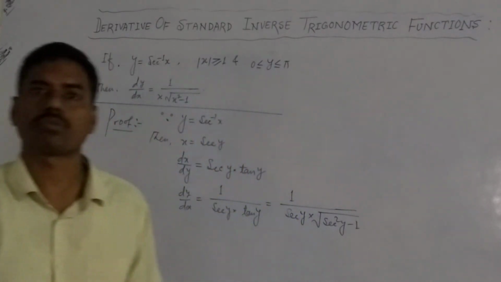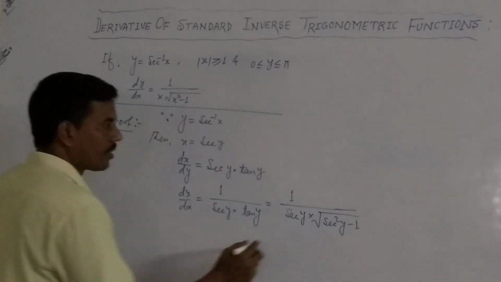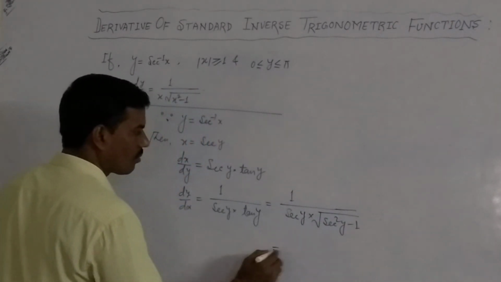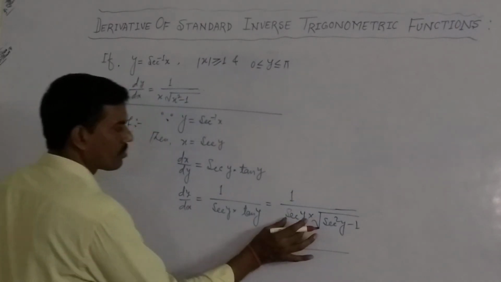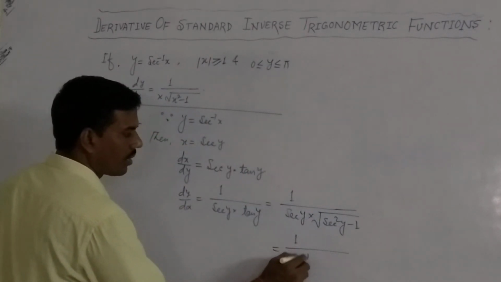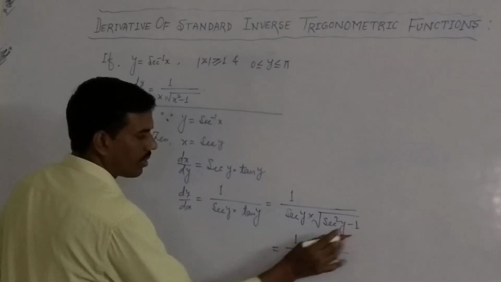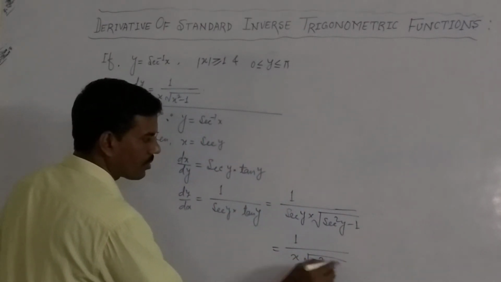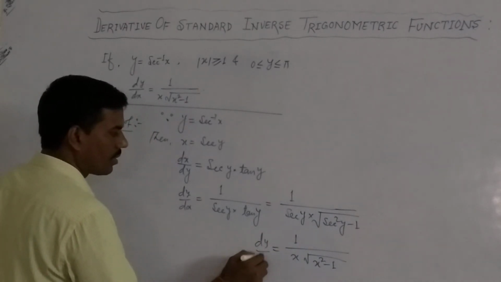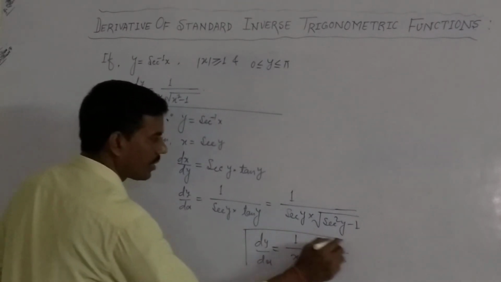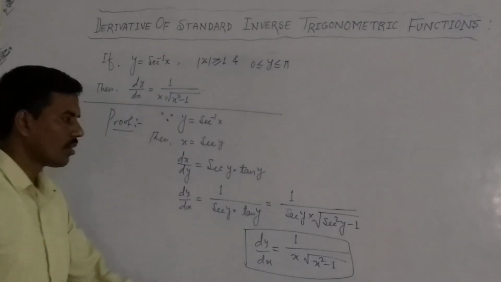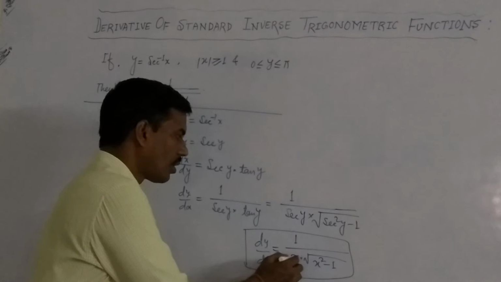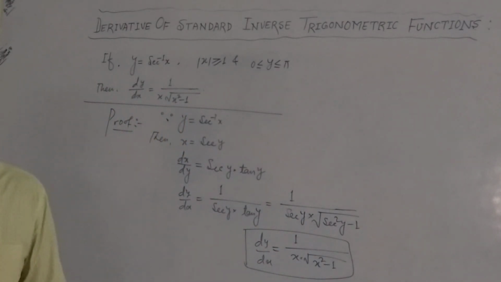so sec square y minus 1 is equal to tan square of y, and this is equal to, यहाँ लिखिए 1 upon under root of sec y is x, under root of sec y is also x, so we have x square minus 1, so we have dy by dx is equal to 1 upon x into under root of x square minus 1.